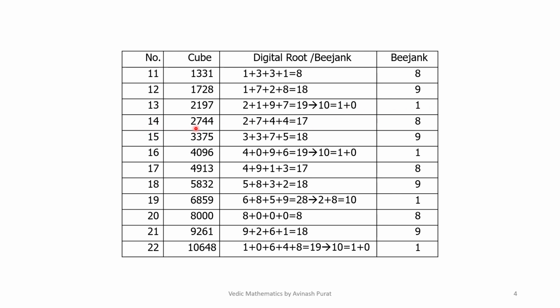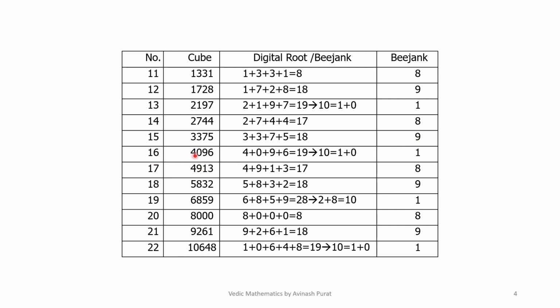Number 14, cube is 2744, digital root or Beejank is 2 plus 7 plus 4 plus 4 equal to 17, that is Beejank is 8. Number 15, cube is 3375, digital root or Beejank is 3 plus 3 plus 7 plus 5 equal to 18, so Beejank is 9.